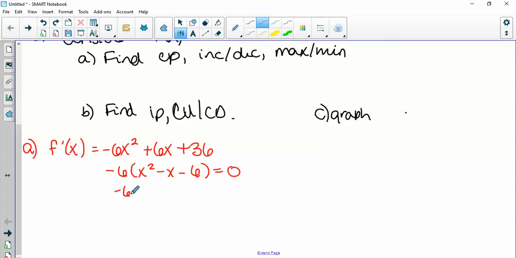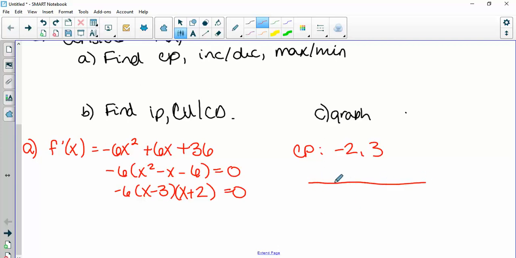So we have -6 factors into x minus 3, x plus 2. So my critical points are -2 and 3. We do those on the sign line. So we need test points. Where do you plug those test points in?